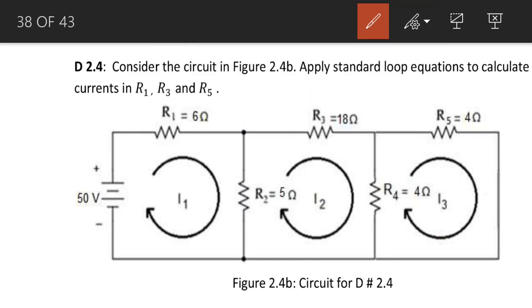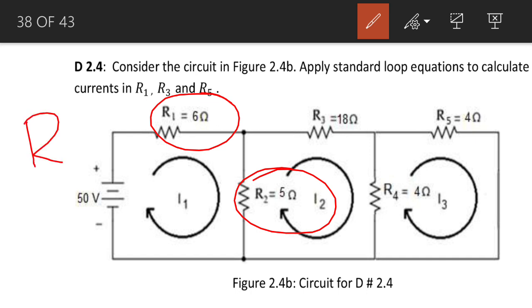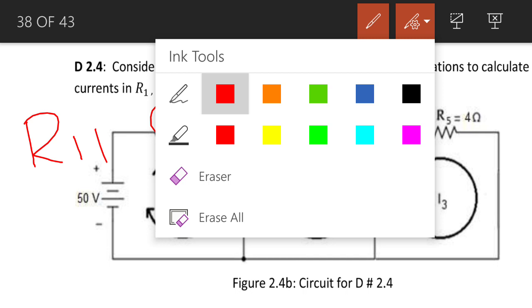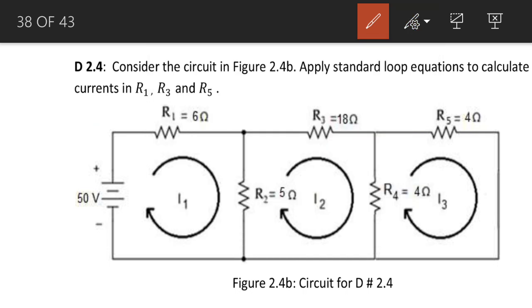So let us find out R11. You see there are two resistors in the first loop, that is R1 and R2. So R11 will be equal to R1 plus R2, that is 6 plus 5, that is 11 ohm. We know that R12 will be equal to R21.